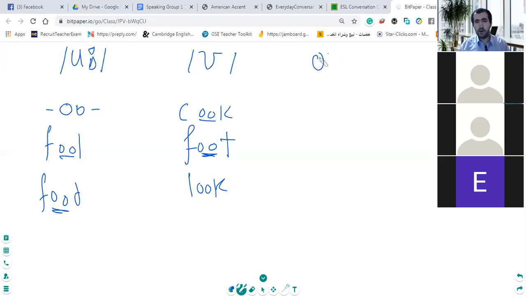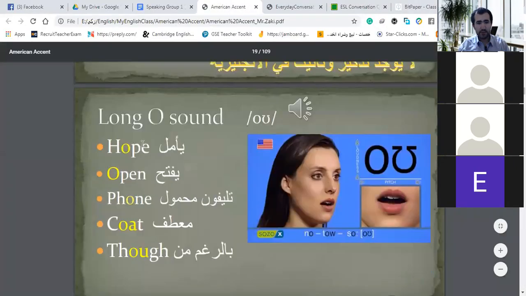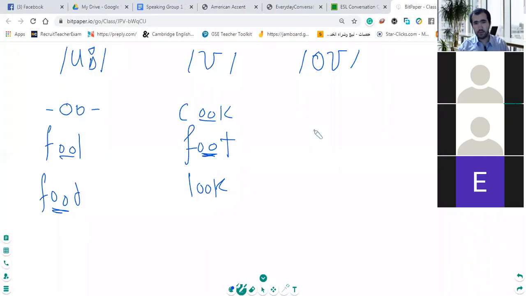Maybe the only specific pattern we can follow is for the long oo, like O plus consonant plus E in some cases, but maybe also not usual. Like hope, for example, hope. Can you give me examples like these?